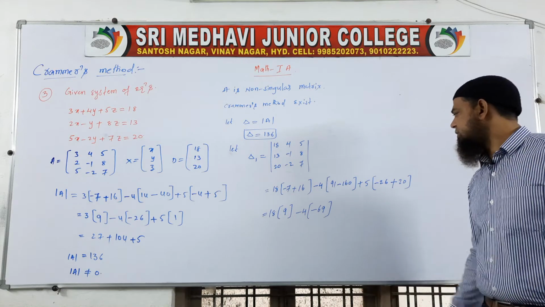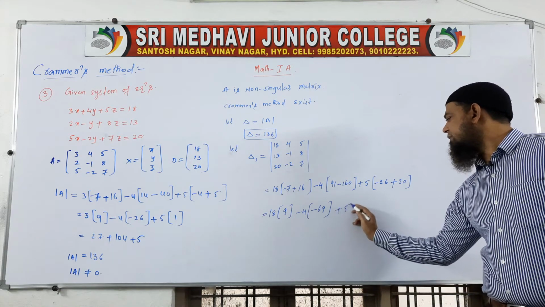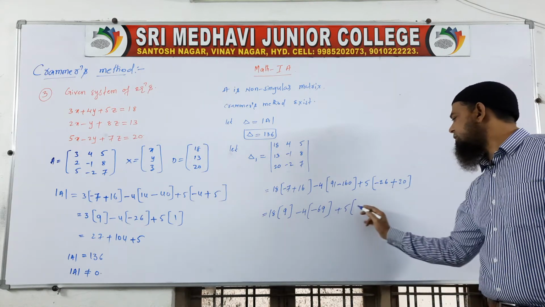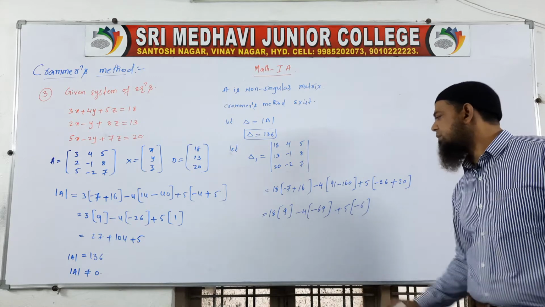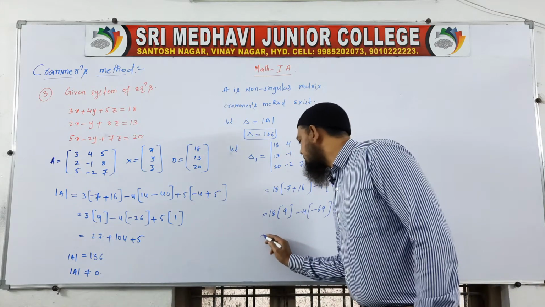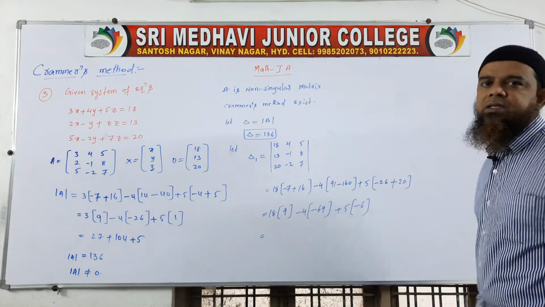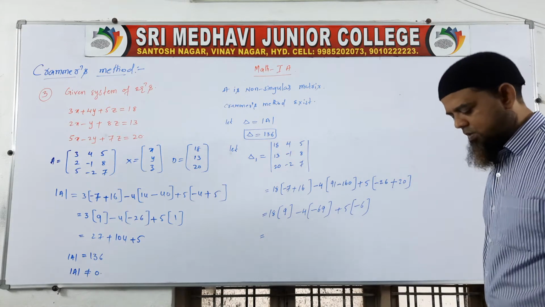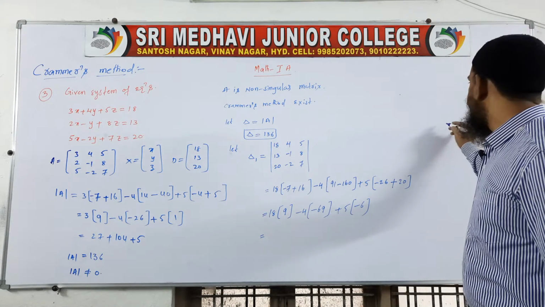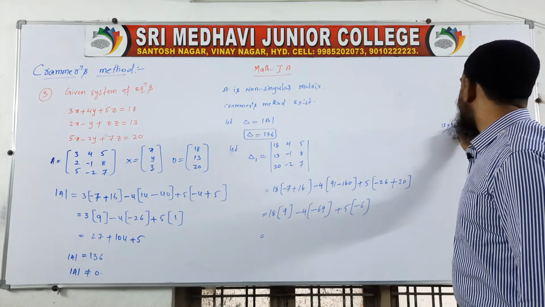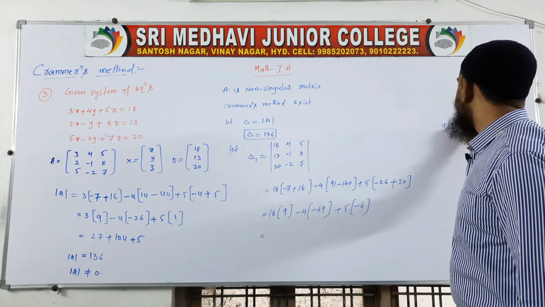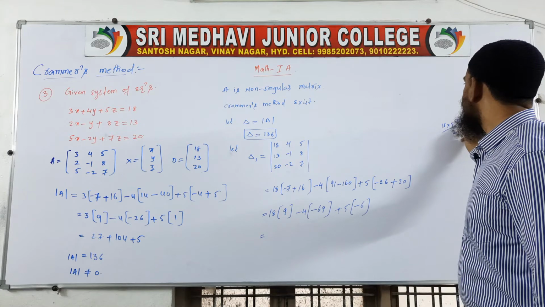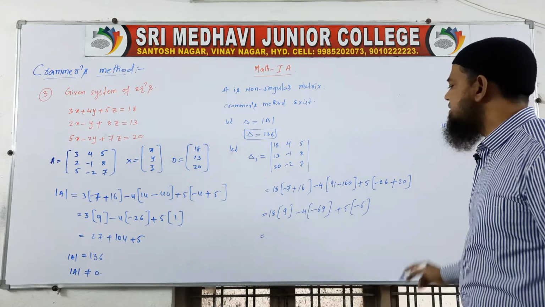Okay, minus 69 plus 5 into minus 26 plus 20 means minus 6. Now multiply the numbers. 18 nines are how much? 162.